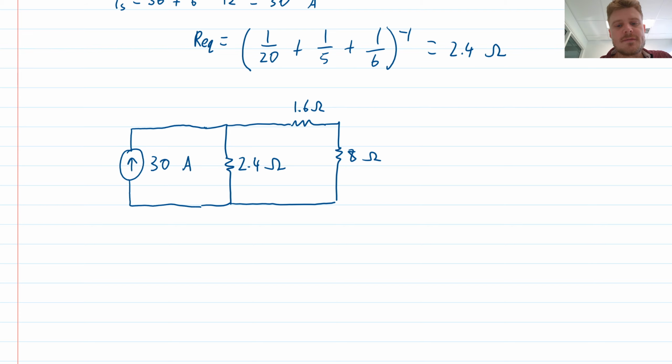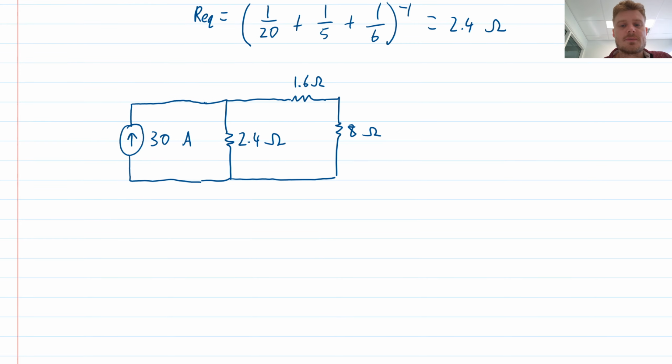We've simplified this a fair bit, but I can go one step further, which is that I can now turn this back into a voltage source, and then I'll end up with a voltage divider circuit, which will enable me to get to the voltage that I wanted. Remember, the voltage that I'm seeking is this one here, across the 8 ohm resistor.